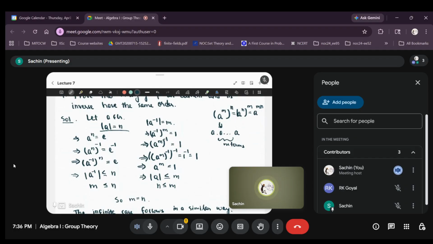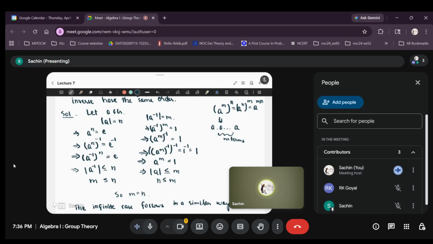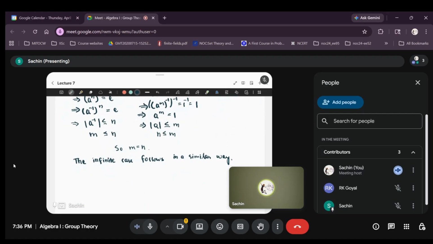Because if A has a finite order, then A inverse must also have a finite order, because the order of A inverse is less than or equal to the order of A from this first part. So it's not possible for A inverse to have infinite order and A to have finite order. Similarly, it's not possible that A has an infinite order but A inverse has a finite order. So if one of them has infinite order, the other must also have infinite order.